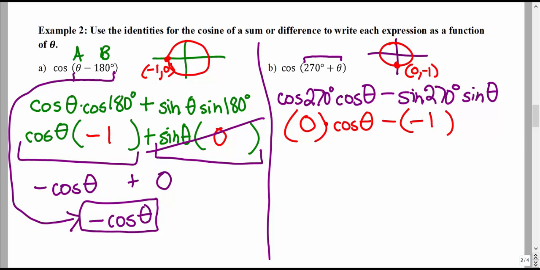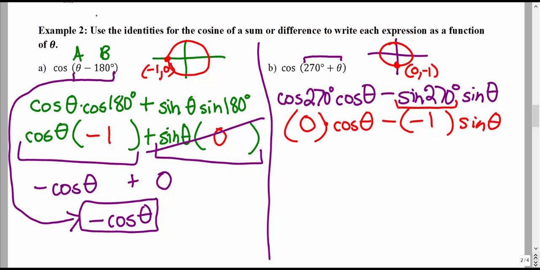We're going to be careful about something. There was a negative as part of the formula, and then sine of 270 itself was also negative. So we have two negatives there. Be careful with that. And then we don't know sine theta.